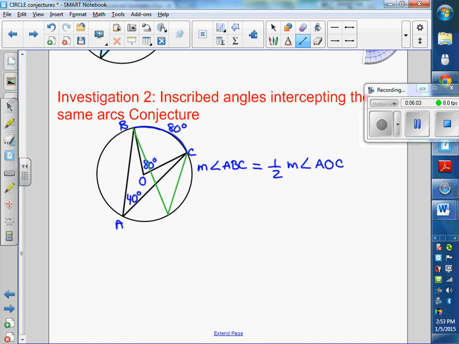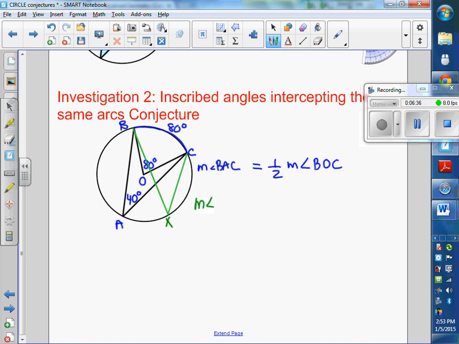If I made this X, I'd have just a different inscribed angle. Oh, look, this is a mistake. This should be angle BAC, and this should be angle BOC. Sorry about that.